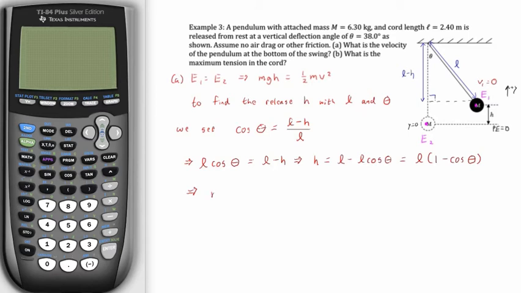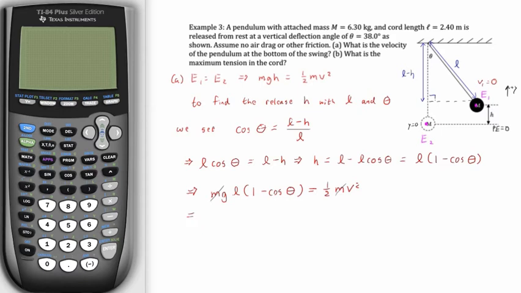Alright, so then we're going to have mg times L times 1 minus cosine theta equals 1/2 mv squared. Okay, we see that we have m's in both of our terms on both sides of the equation, so those cancel out, and now we can solve for v.